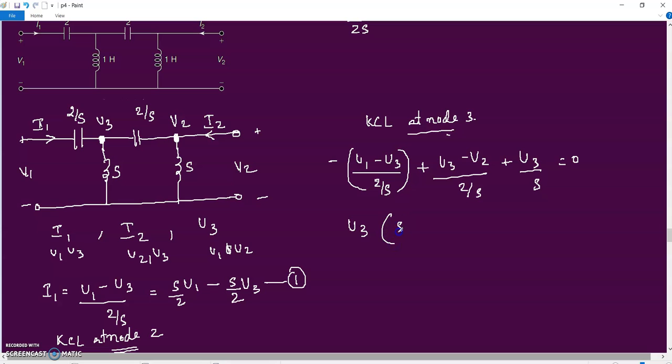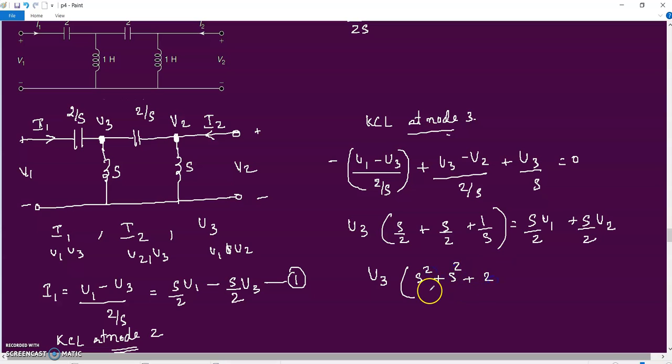V3 into (S by 2 plus S by 2 plus 1 by S) is equal to S by 2 V1 plus S by 2 V2. So V3 into (S square plus S square plus 2) by 2S is equal to S by 2 V1 plus S by 2 V2.